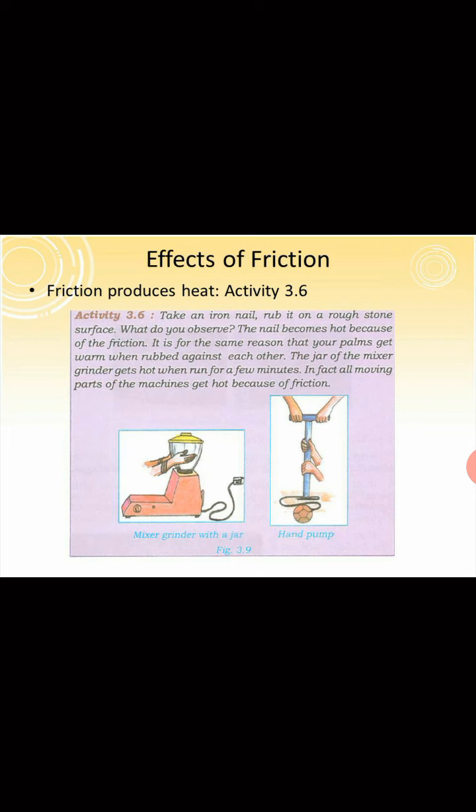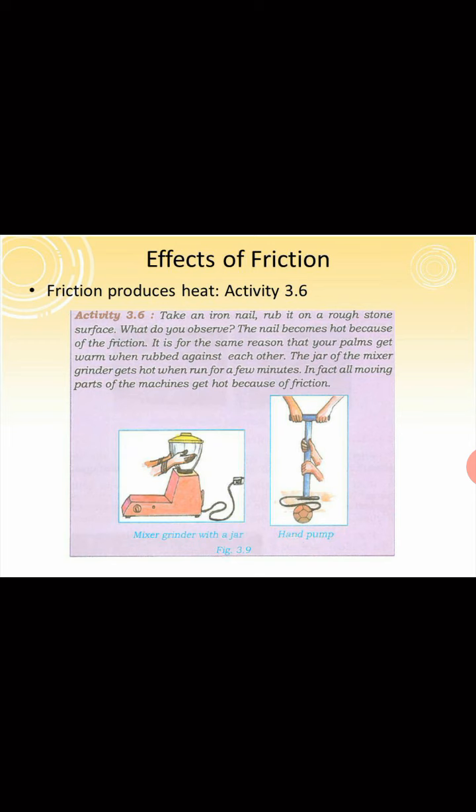If you rub it for more than 5 minutes, it will really become very hot. This is nothing but because of friction. The iron nail and the rough stone surface were continuously in contact and rubbing against each other. So whenever two things are rubbing against each other, friction is produced, and where friction is produced, heat is produced.